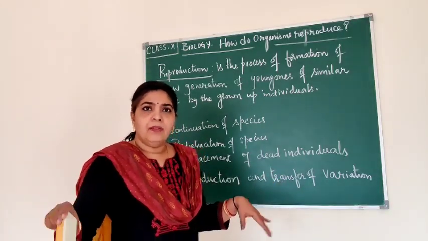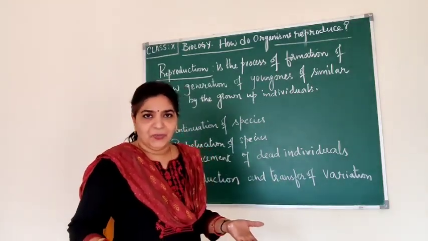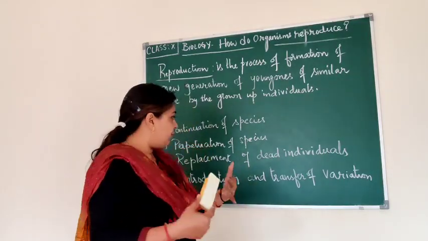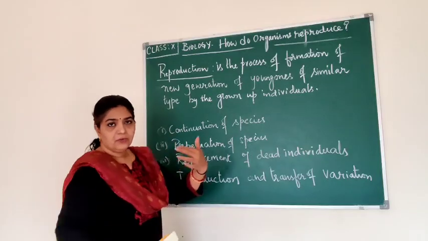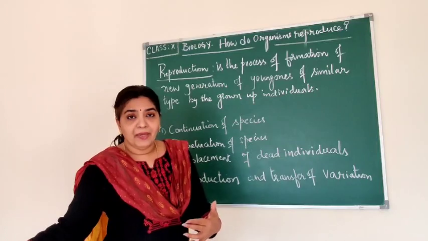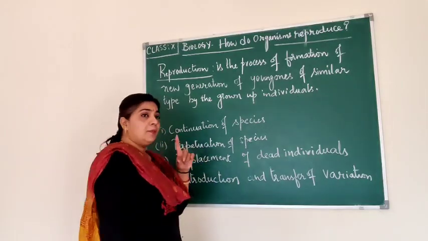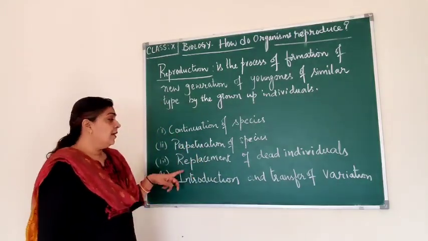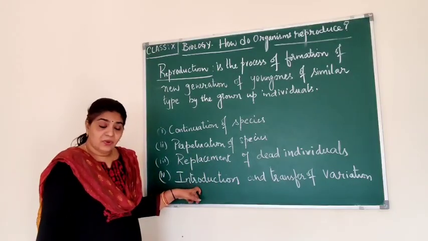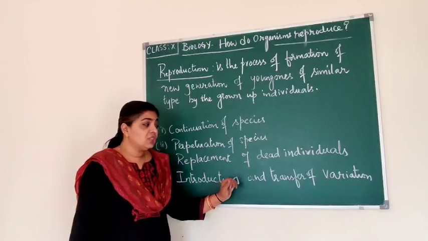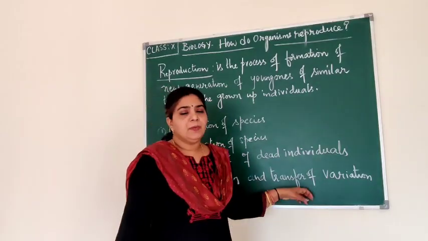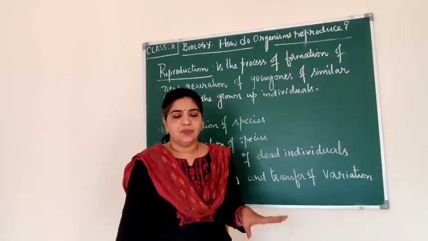Their population will not continue, right? So reproduction is a process wherein the dead individuals will be replaced. There will be addition, so their population will be maintained. And most importantly, introduction and transfer of variation. We'll be learning about that, what is variation, everything.